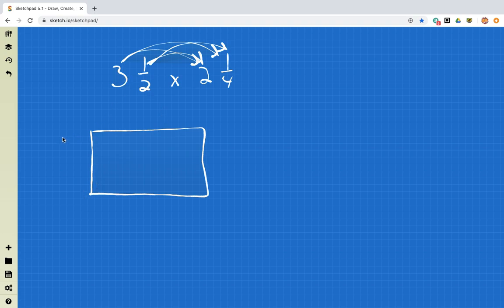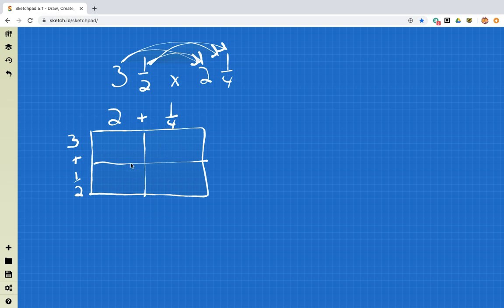Now this one's going to be 3 1/2, and this is going to break into 2 1/4. And then my lines go at the plus signs. Now I've got 4 pieces, just like I've got 4 arrows up here, right?